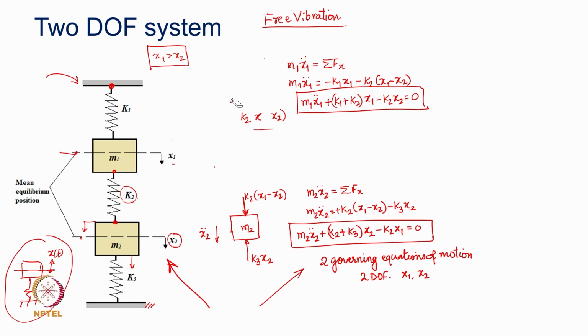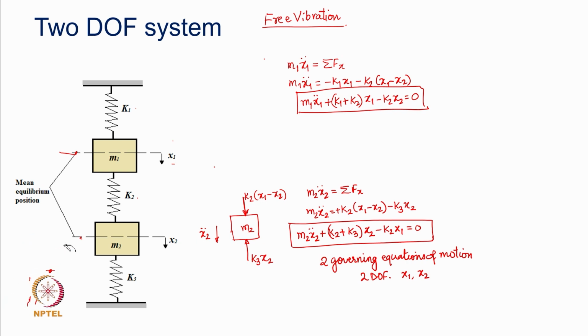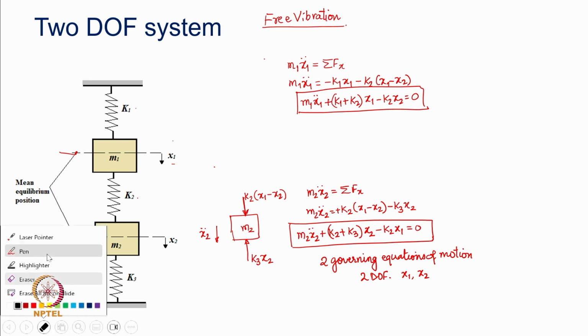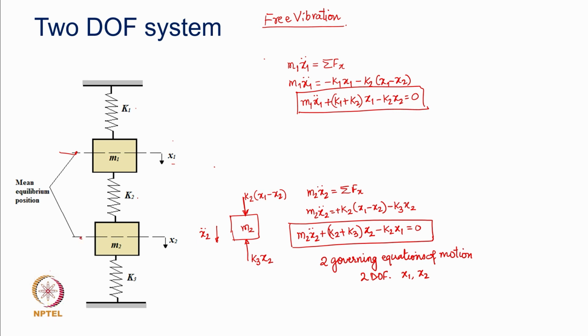We have got these equations, now they are required to be solved. How do we make an assumed response here? We need to make a valid assumed response in this case. Now, the equation is having two coordinates here, x1 and x2.